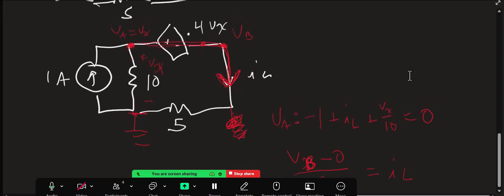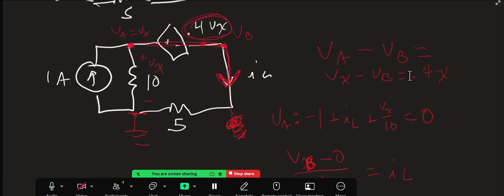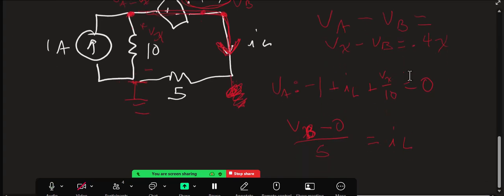Now, what do we know about VA and VB? What is VA minus VB? Vx minus VB is 0.4 Vx, because the label on a voltage source is always the voltage on the positive side minus the voltage on the negative side.